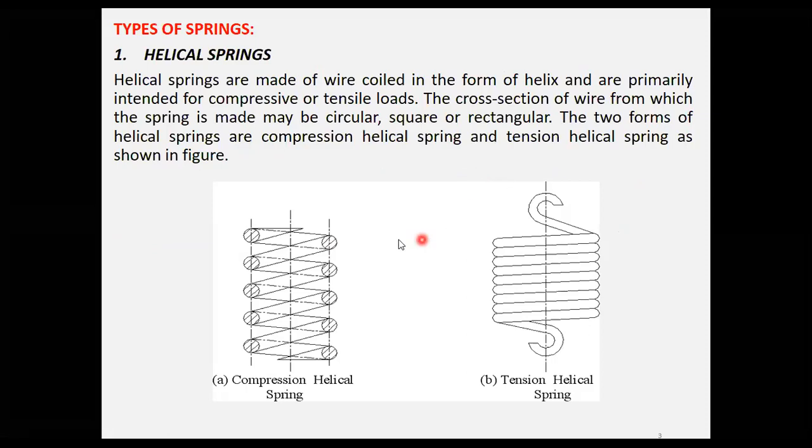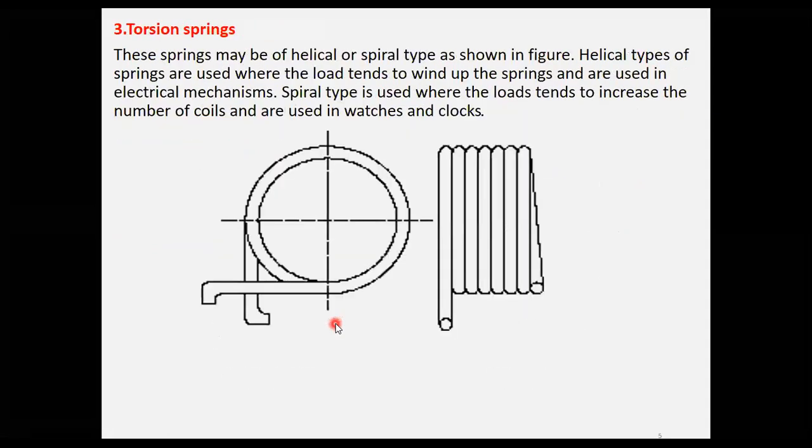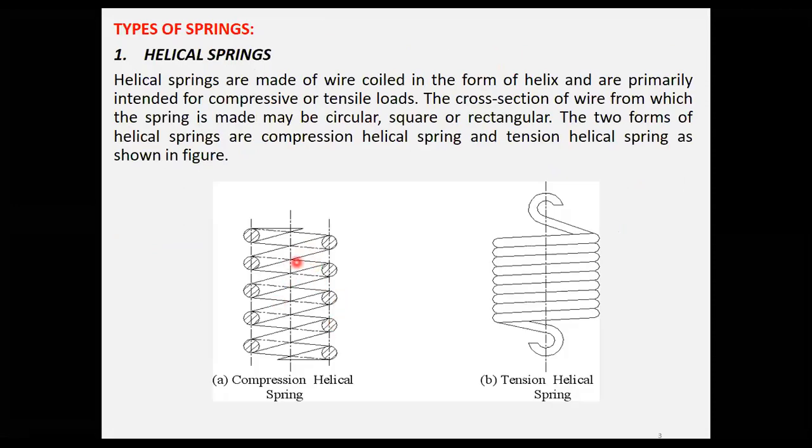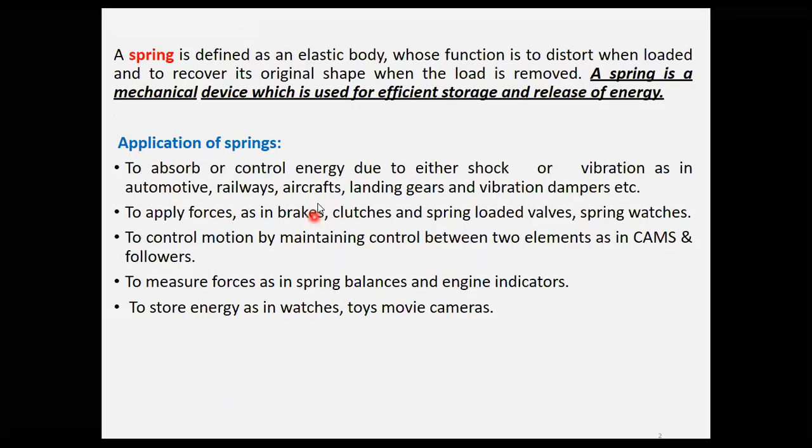For example, assume this is the original spring, without deformation. As you apply the load on this, you can see that it will get compressed, like this. But when you remove the load, it will regain its original shape.